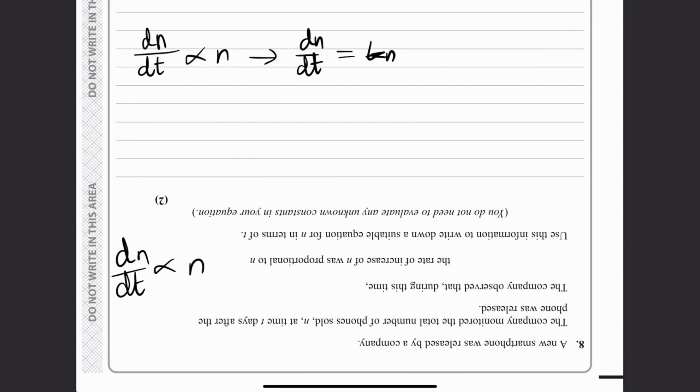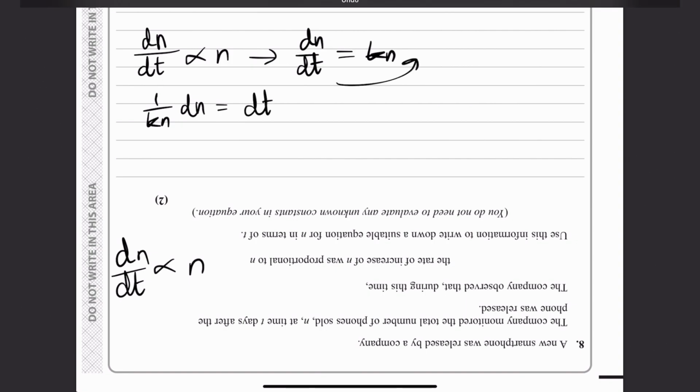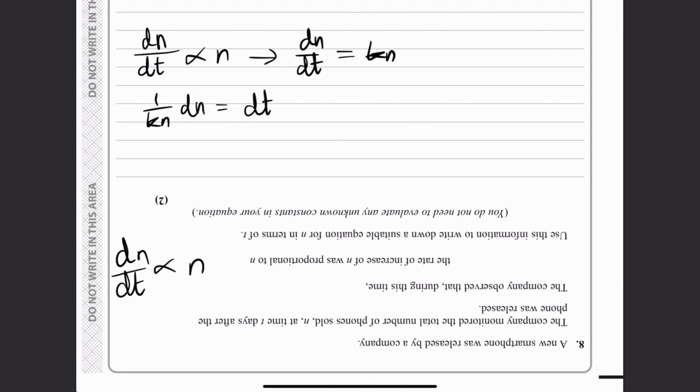Pretty good. So we've got 1 over kN dN is equal to dt, if we just move them like so. And then we just solve this, so take the integral of both sides, move the k outside, and you'll end up with 1 over k times the natural log of N is equal to t.